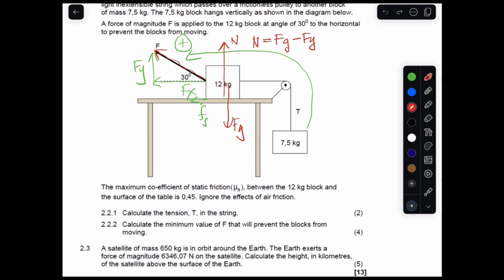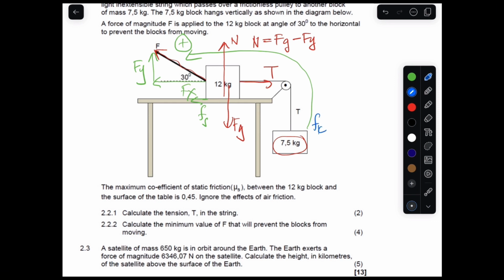Okay, now these are the forces that are acting here, and of course there's a force that is exerted by the 7.5 kg on the 12 kg. That's the tension force. Now let's look at the forces that are acting on the 7.5 kg. Guys, it's very important.